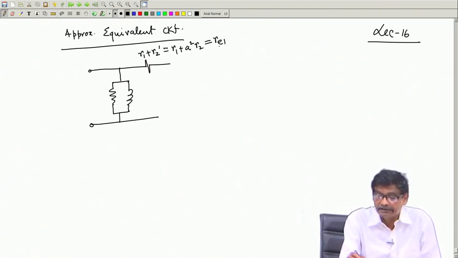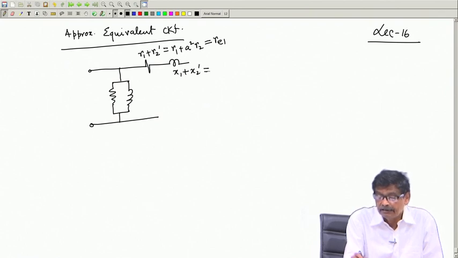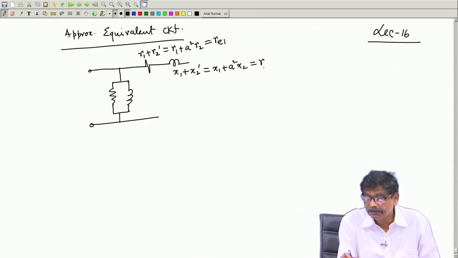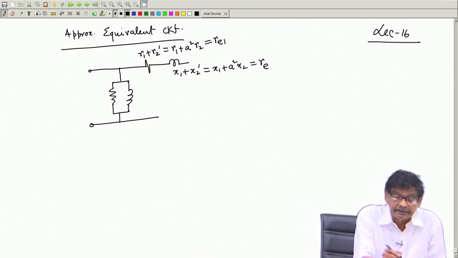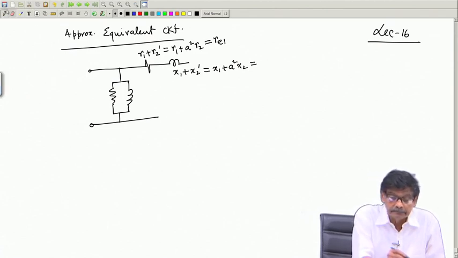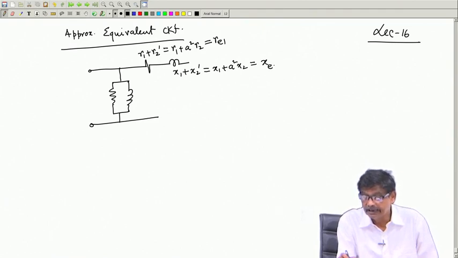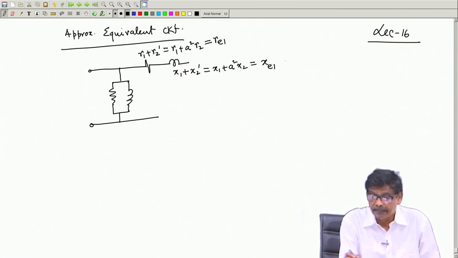Similarly, the two reactances can be grouped together and written as x 1 plus x 2 dash, and that is equal to x 1 plus a square x 2, and this is called equivalent reactance referred to the primary side, x e 1, and that is all.